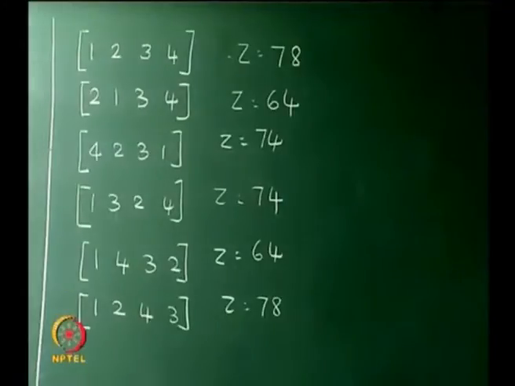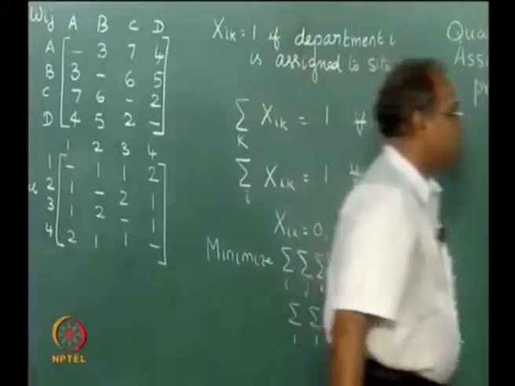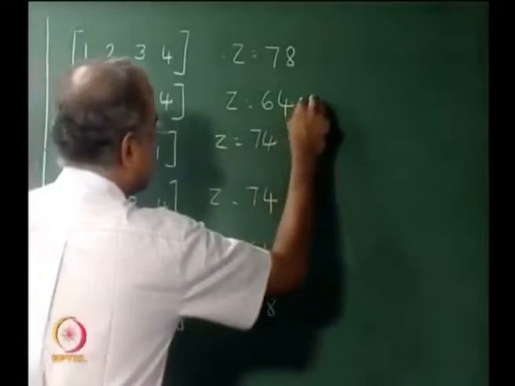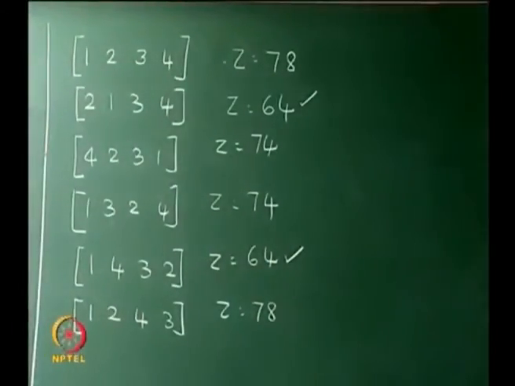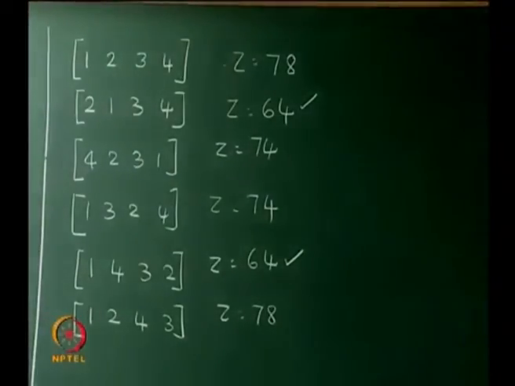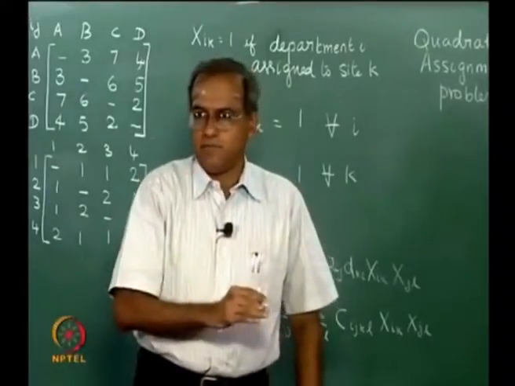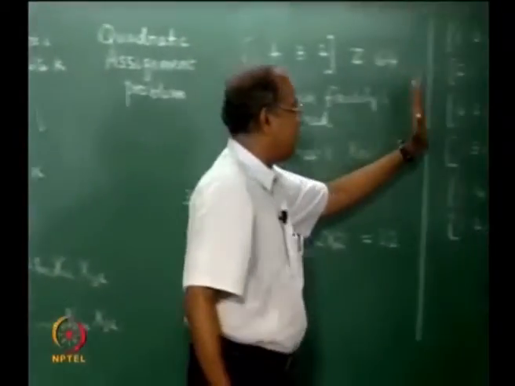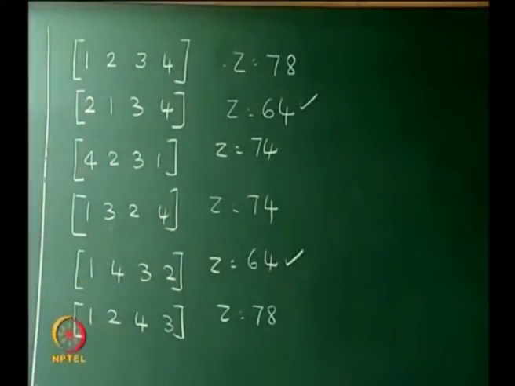So, we could do a lot of possible exchanges to try and get better and better solutions, and after a series of exchanges we realize that we could either pick this solution or this solution as the one which has minimum value of the objective function, and the algorithm can terminate with the best minimum possible value that it can give. At the moment here, if we have done only this, we know that we have a solution with 64, but we do not know that it is the optimum solution.